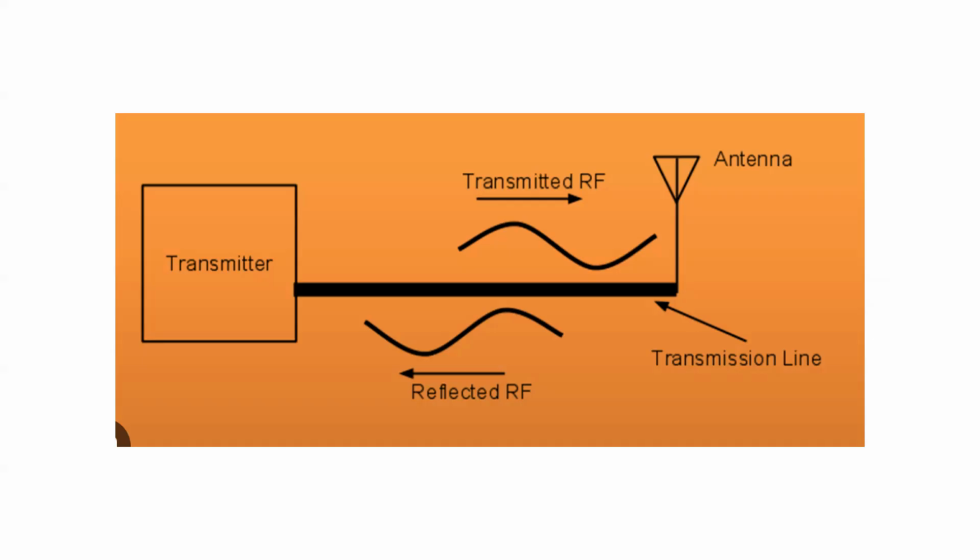And that's what either an SWR meter per se or an antenna analyzer will measure. Now we're not going to get into the heavy technical side of SWR and transmission lines and everything. We're just trying to get the basic idea tied down.